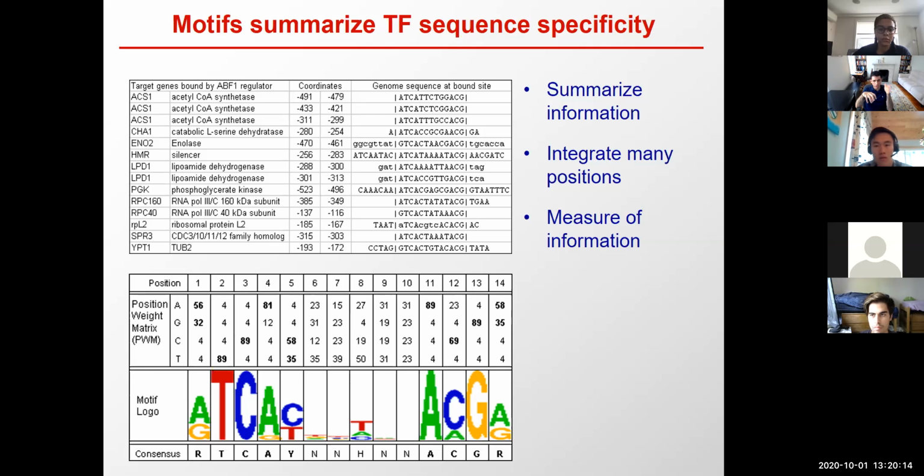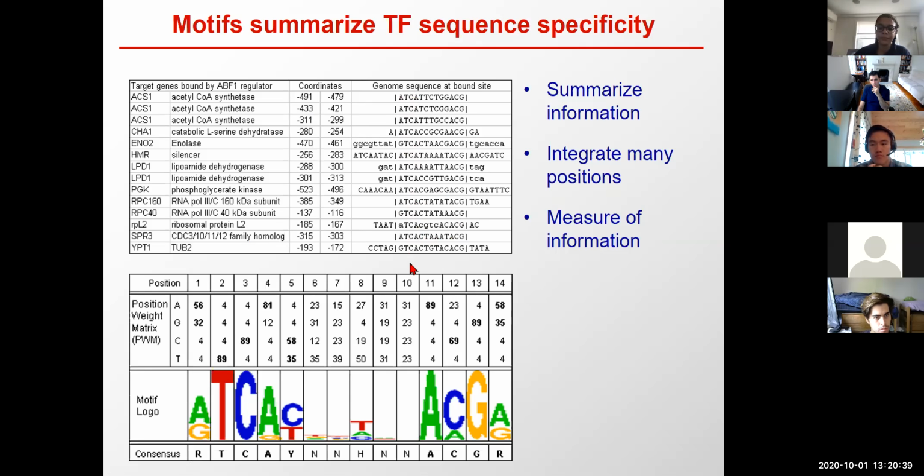And then you digest the DNA from the outside to basically only leave that footprint behind. And that footprint gives you the specific positions of binding. And what's really cool, what really started this whole field, is that if you look at these regions, you basically see that, wow, this position appears to be either an A or a T or a G. And that position is always a T, that position is always a C, that position is always an A.